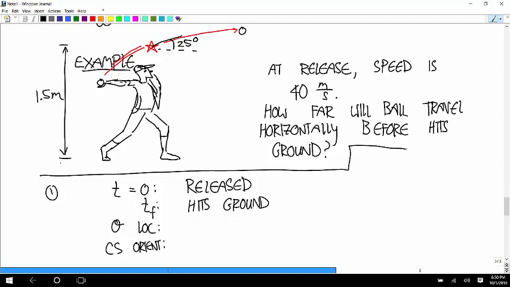And then this is how I'm usually going to choose the origin location. So the origin location is going to be on the ground, right beneath the object at time equals 0.